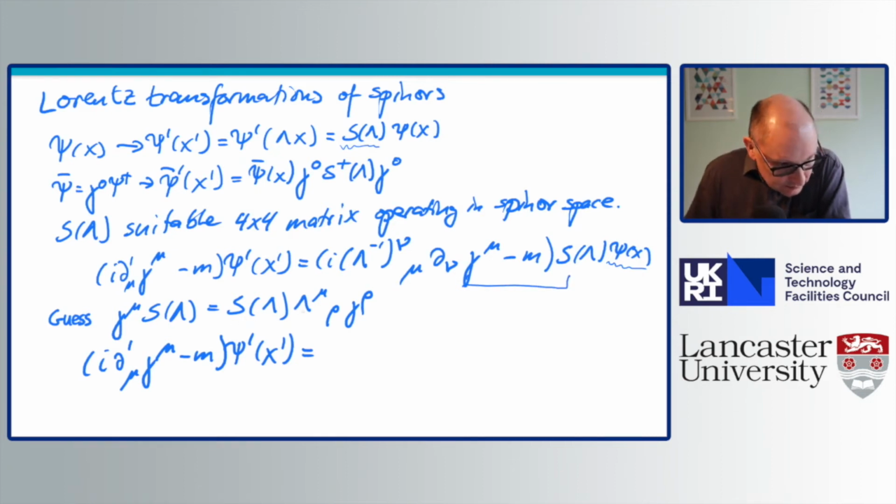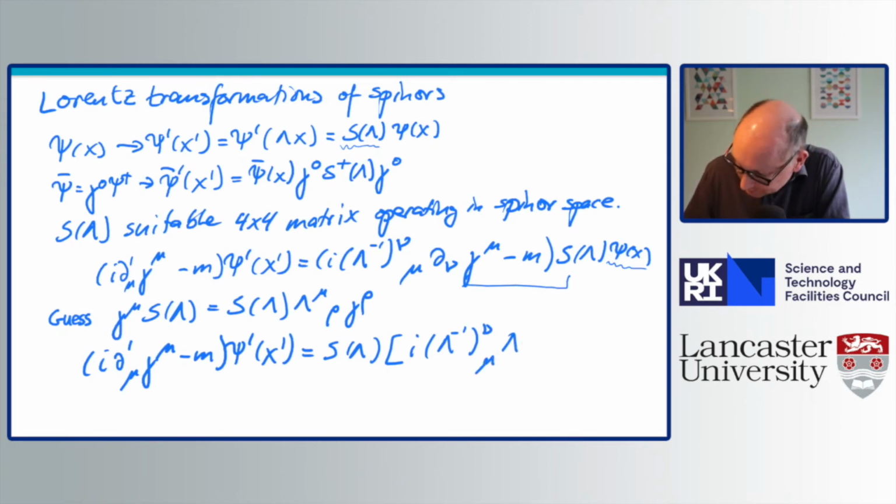So we get S of lambda, and then i, lambda inverse mu nu, lambda mu rho, d nu, gamma rho minus m, all acting on psi of x.